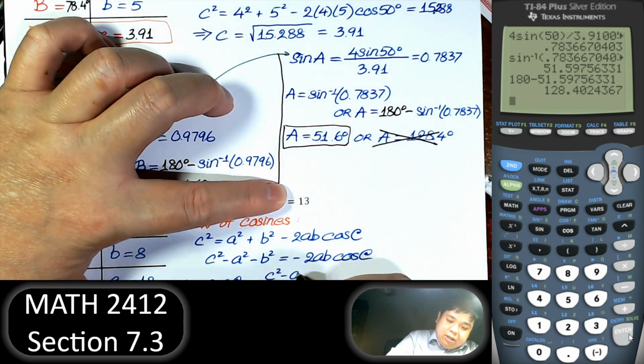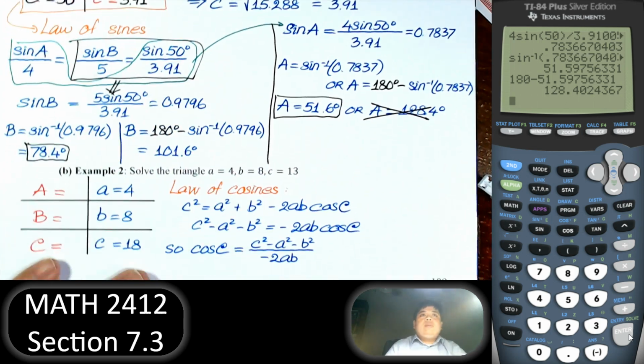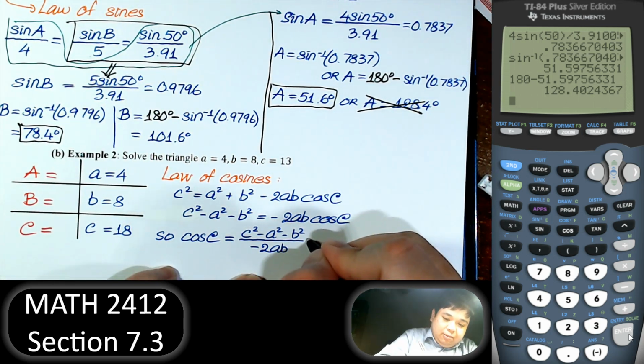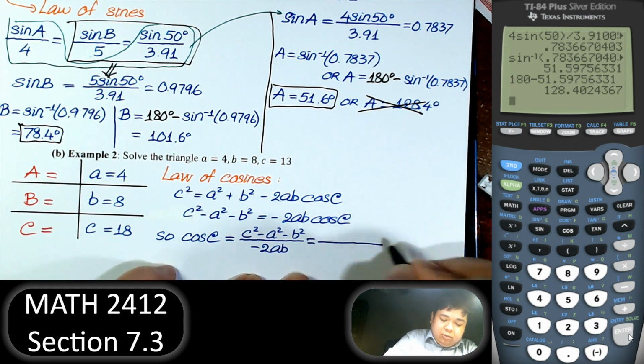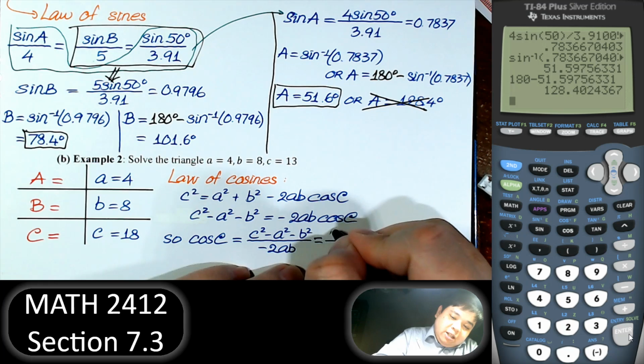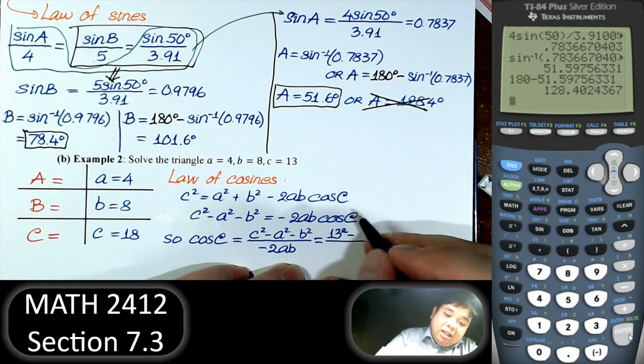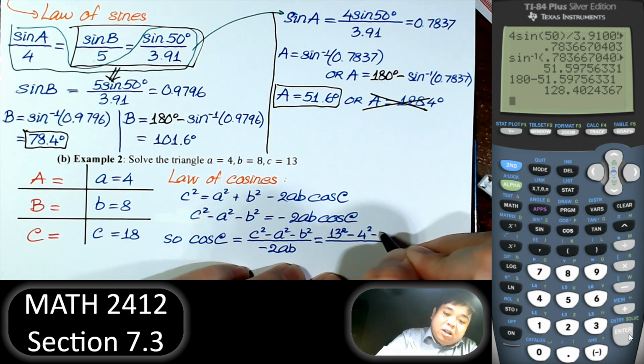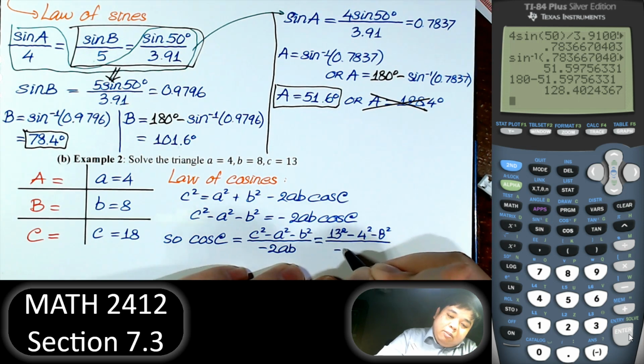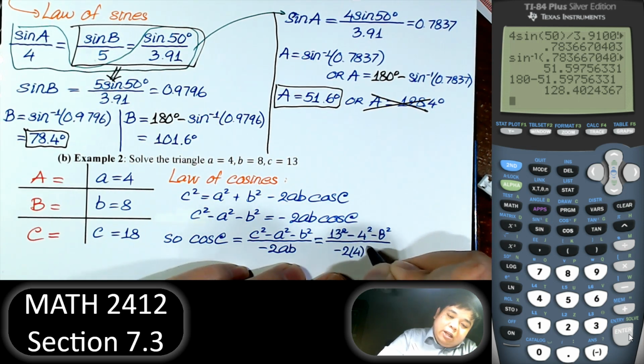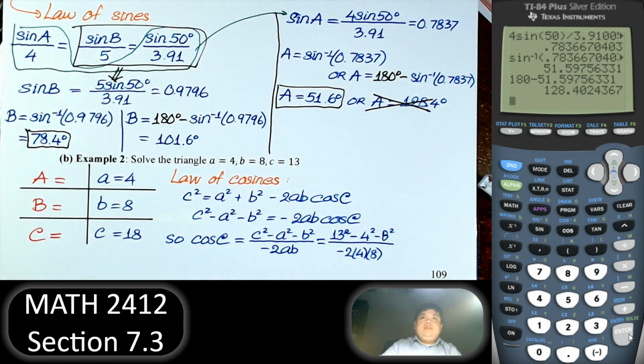Cosine C equals C squared minus A squared minus B squared over negative 2AB. Right. C squared is 13 squared, minus A, which is 4 squared, minus B squared, 8 squared, over negative 2AB.